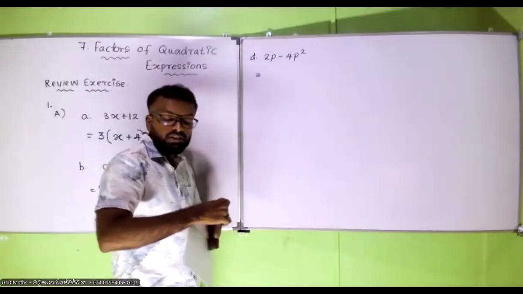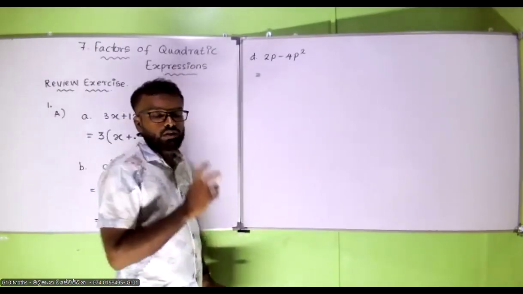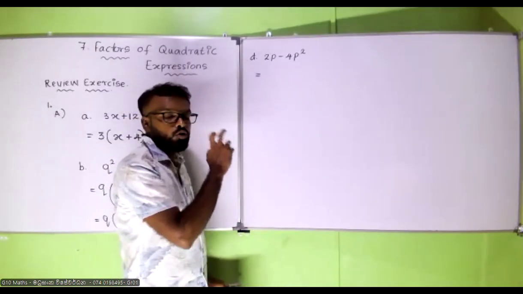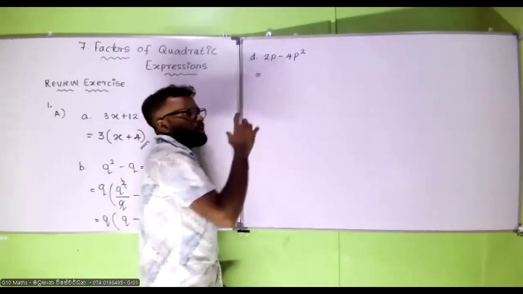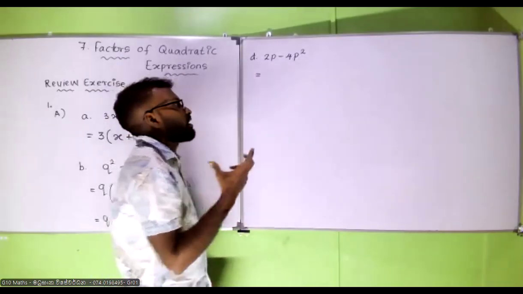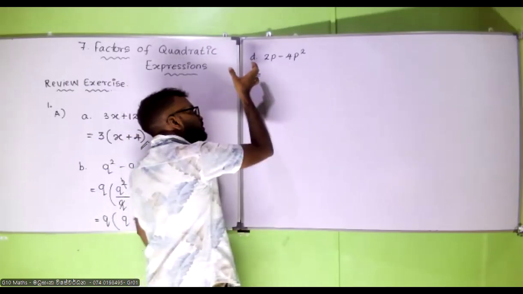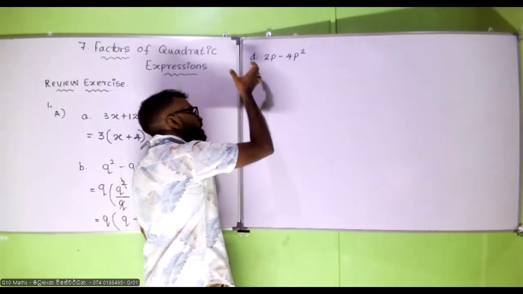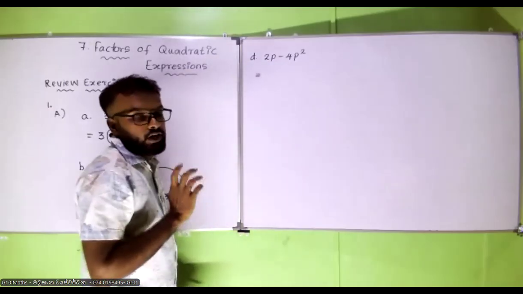Both numbers and algebraic terms. From both of them, you have to pick the common terms. If you consider the numbers, here you have 2 and here you have 4. So you definitely know 2 is a common factor for both.